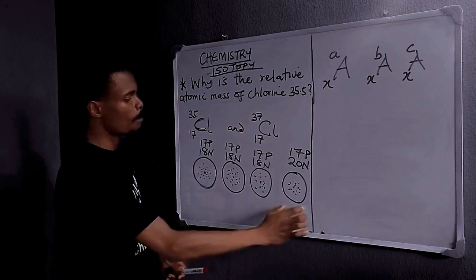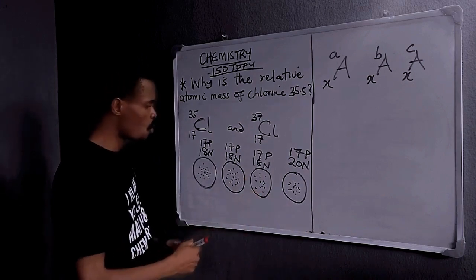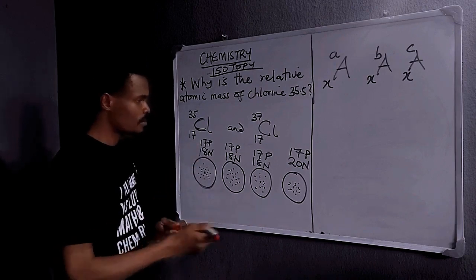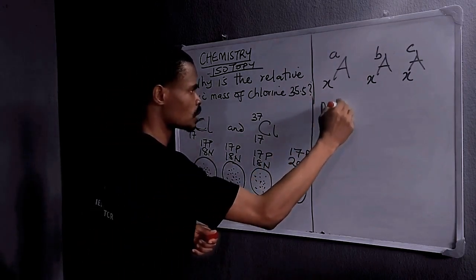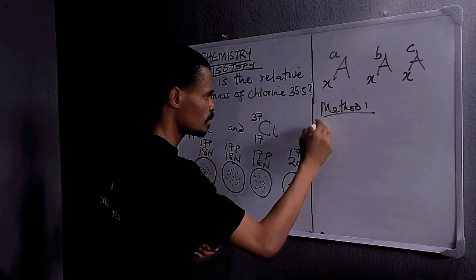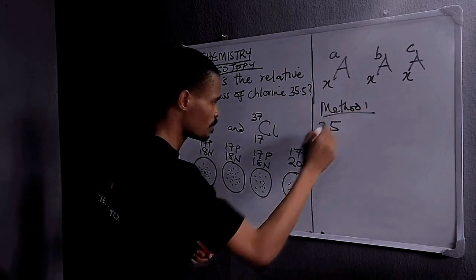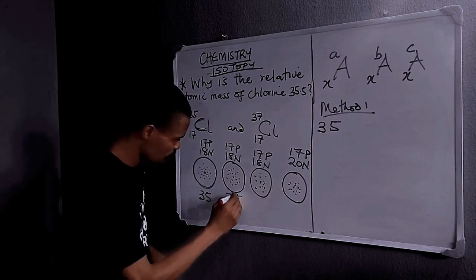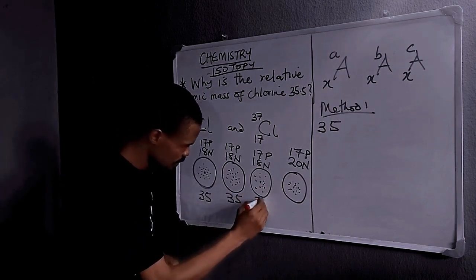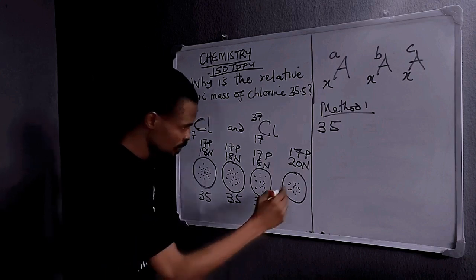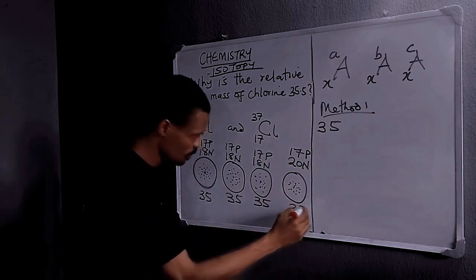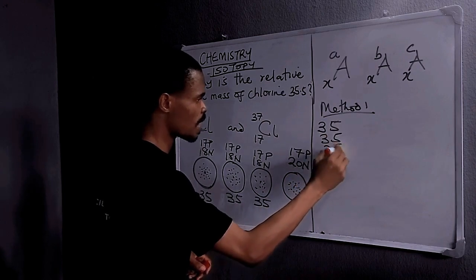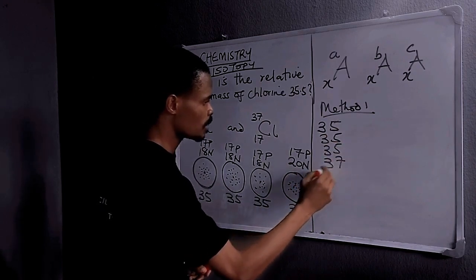Now, we have four parts here. Method 1. This is 35, 35, 35, and 37. When I sum them together, I have 35, 35, 35, and 37.